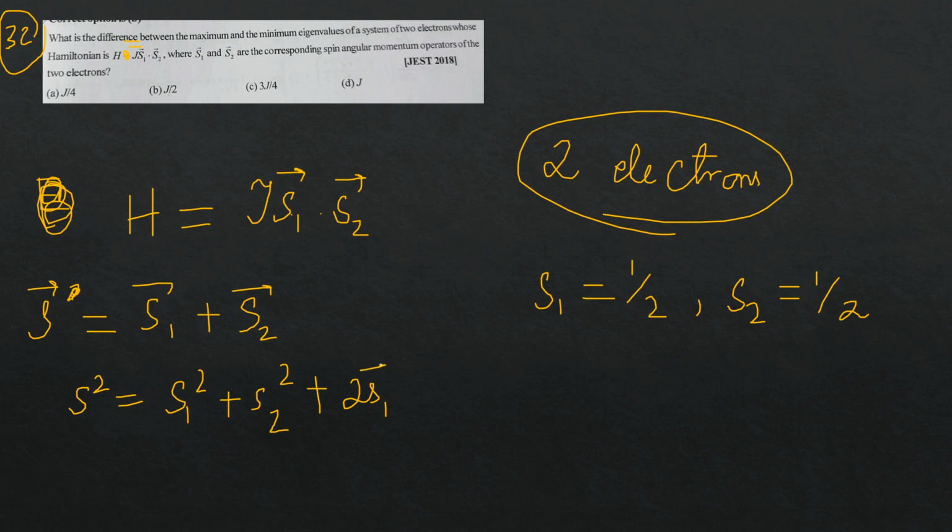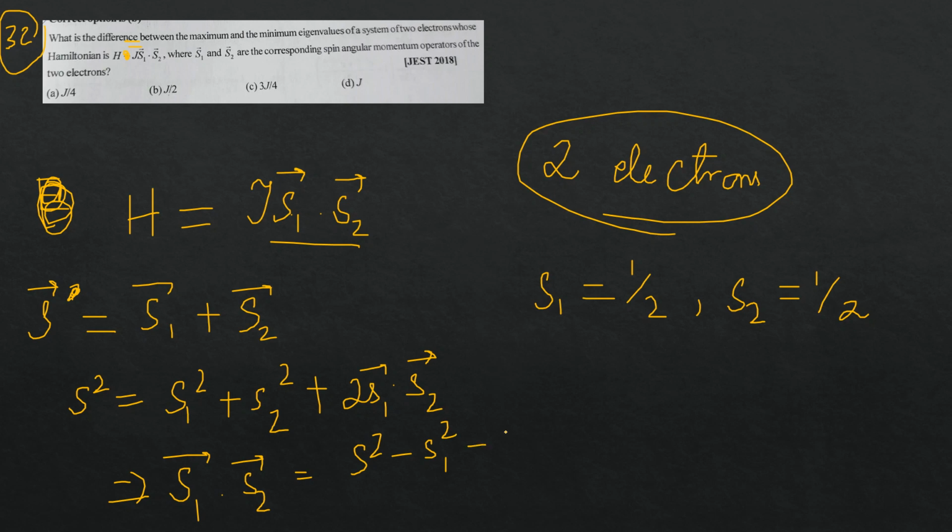Now we need S1 dot S2. Same kind of question. So I will take everything to the left side and S1 dot S2 will become S square minus S1 square minus S2 square, whole divided by 2.